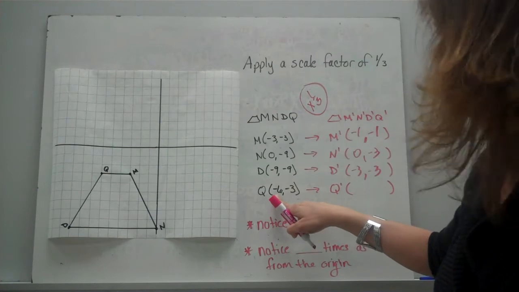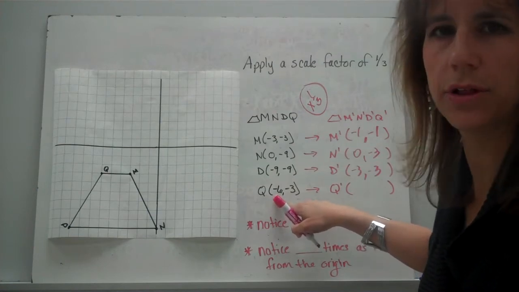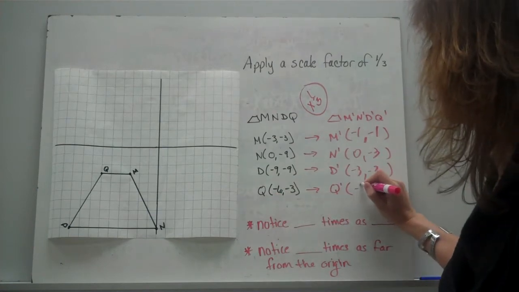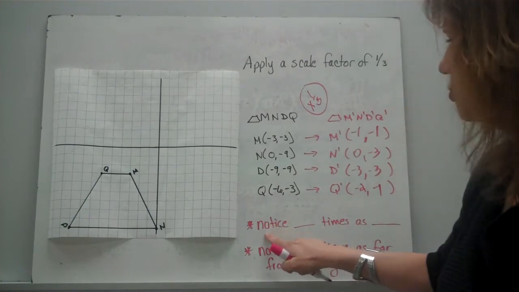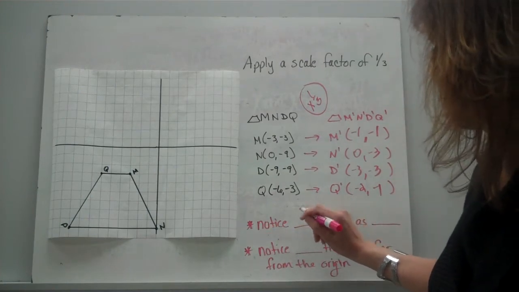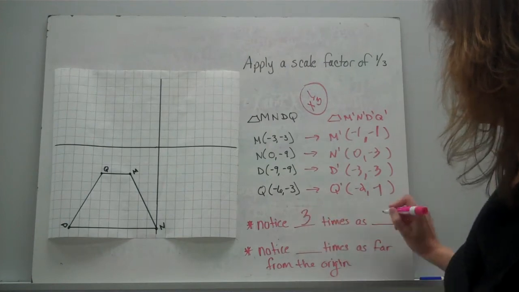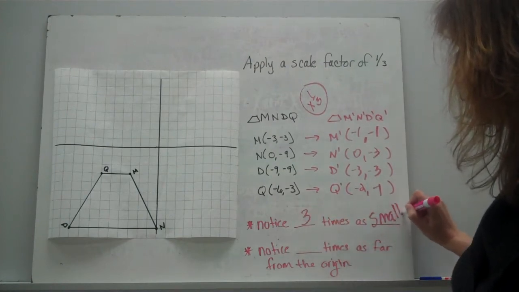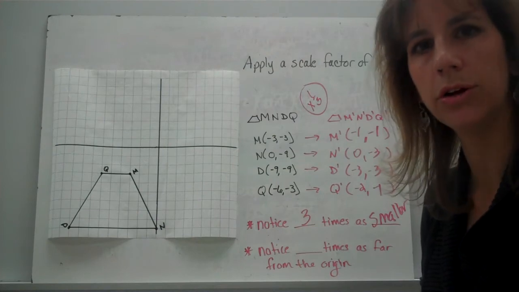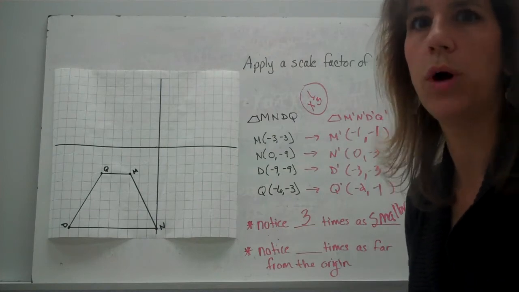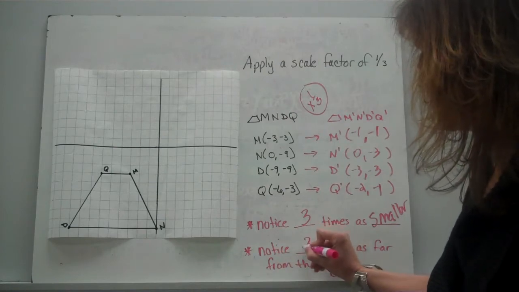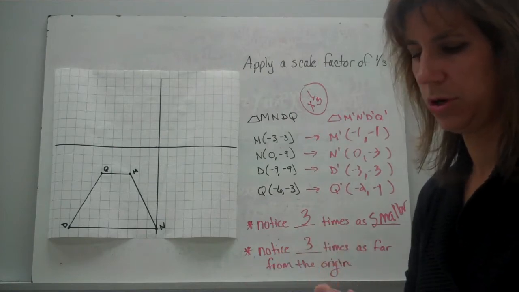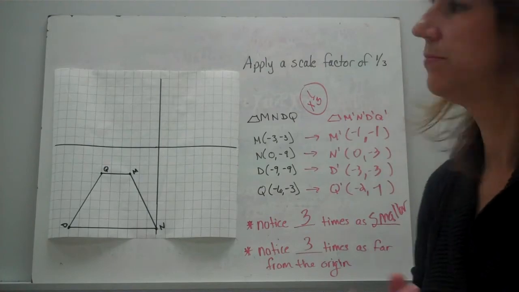Negative 6 times 1/3, and you could, of course, use a calculator if you need to. Hopefully you can do this in your head. So this time, your shape is getting 3 times smaller, or you could say 1/3 as big, right? Same thing. And it's getting 3 times closer to the origin this time.